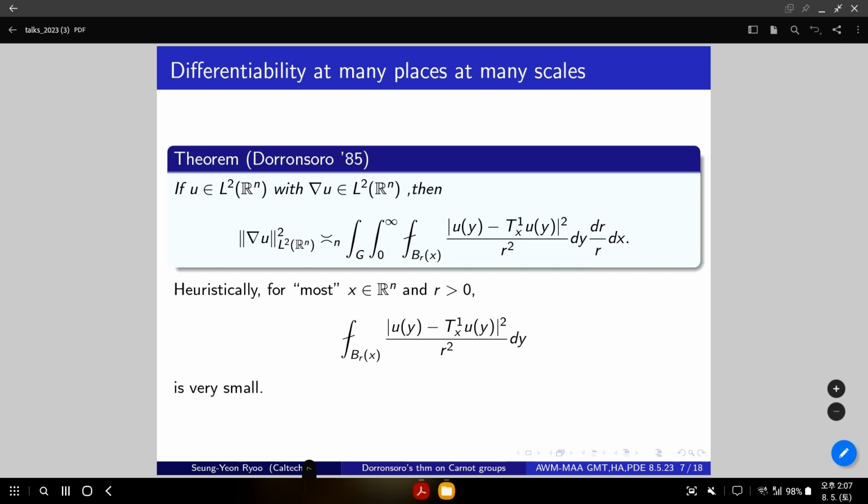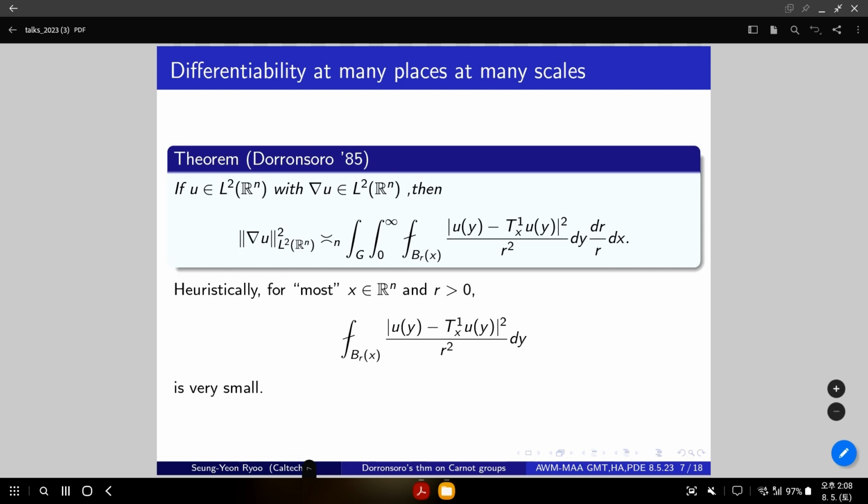The right-hand side might look complicated at first, but it means that if you integrate over x over all points and integrate over r this expression, which expresses the deviation of the function from being a linear function at all scales, then this integral has to be equivalent to the one on the left-hand side, and in particular, it has to be finite.